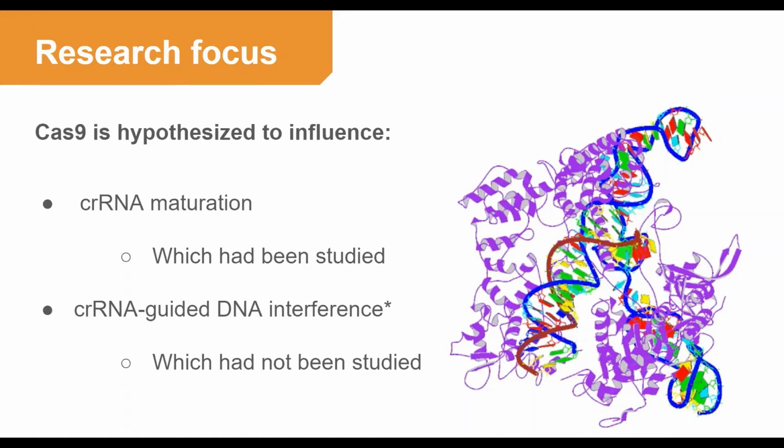And this was a gap in the knowledge that prompted the authors to begin their experiments. On the right, I included the crystal structure of the Cas9 protein with a DNA sequence within its active site.